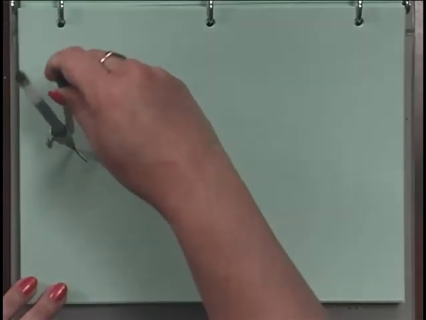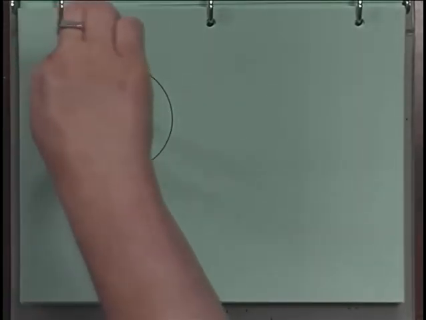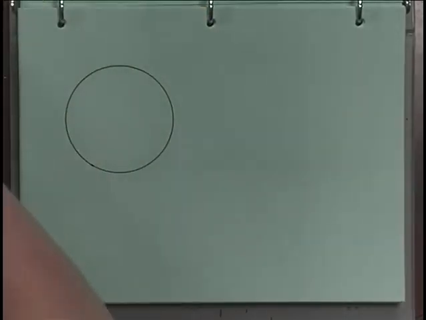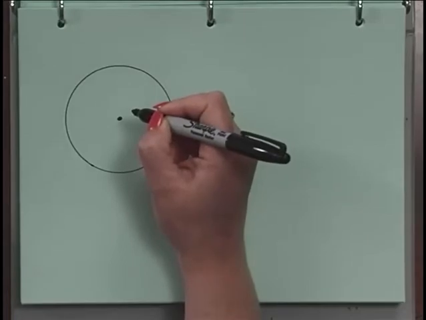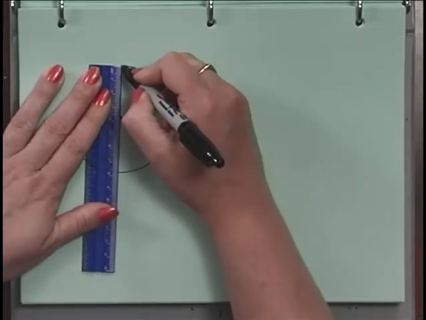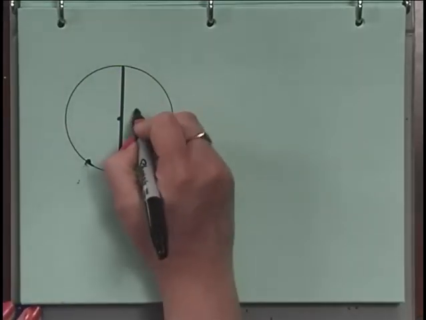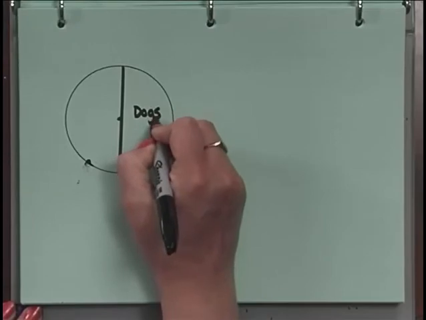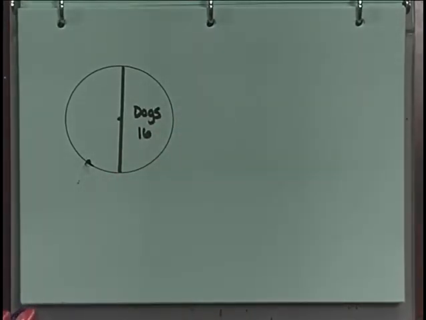If you'll look at the graph, it is a circle graph. So to copy it, we would want to make a circle. This is the radius of the circle. And notice that a diameter has been drawn like so. That splits a circle in half, and so it appears that dogs make up half of the pet population in the neighborhood.